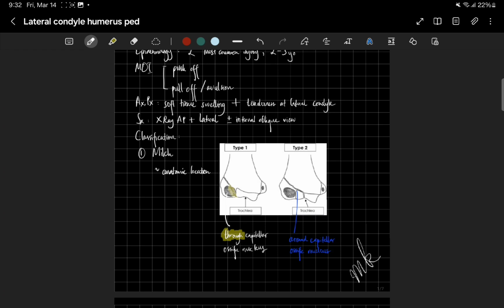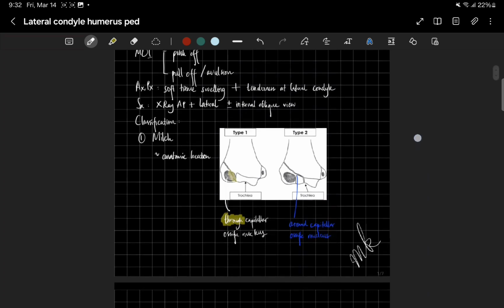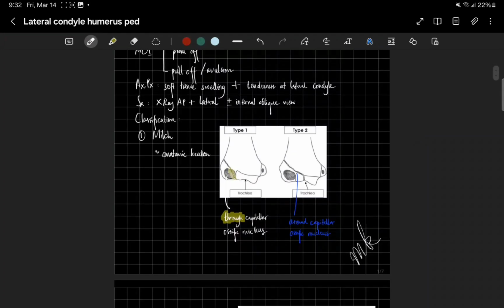The internal oblique is usually to see displacement. So the Rockwood children's book says that it is necessary for us to see the internal oblique view of children with a suspected lateral condyle humerus fracture.